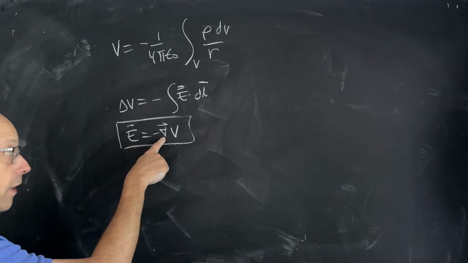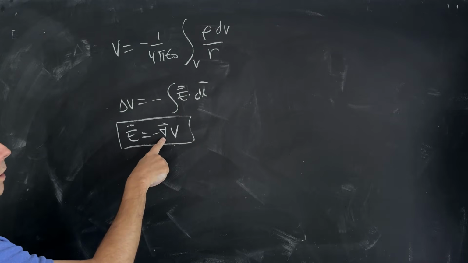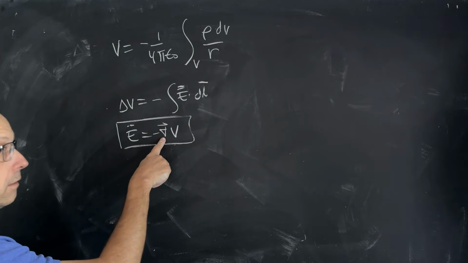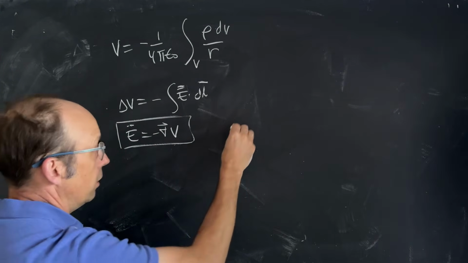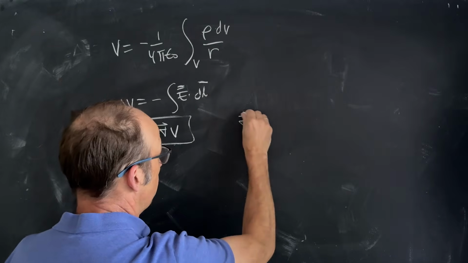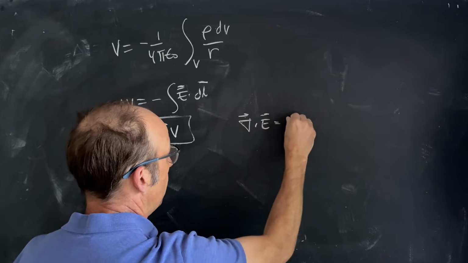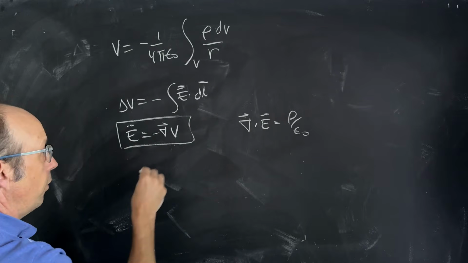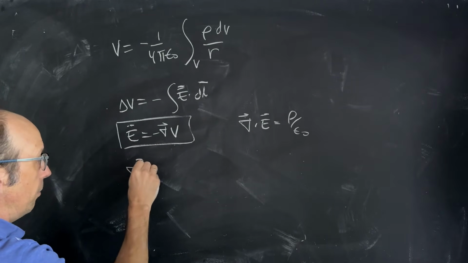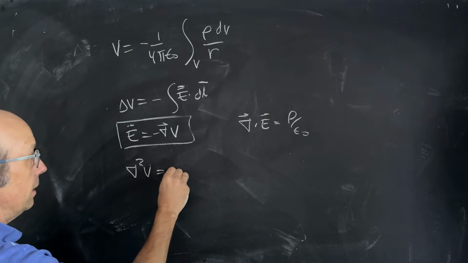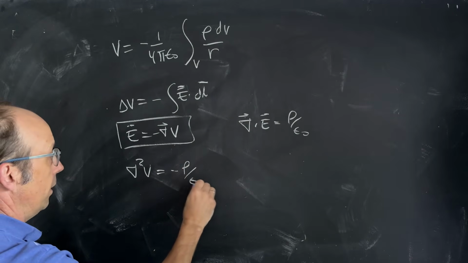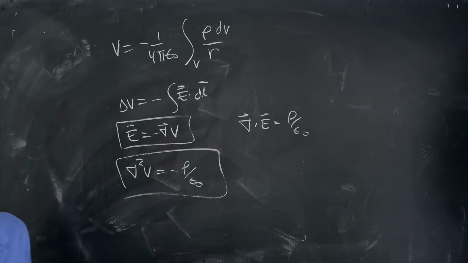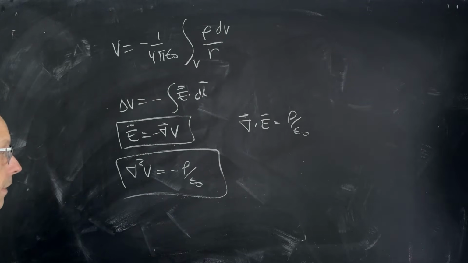Now, if I use that along with Gauss's law, where the divergence of E is rho over epsilon naught, and put this in for E, I get the Laplacian of the potential is negative rho over epsilon naught. Yep, that's important too.